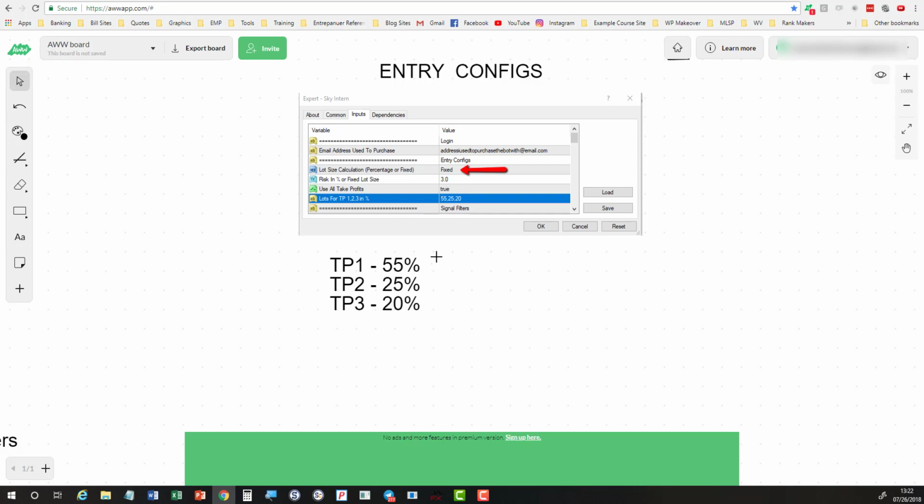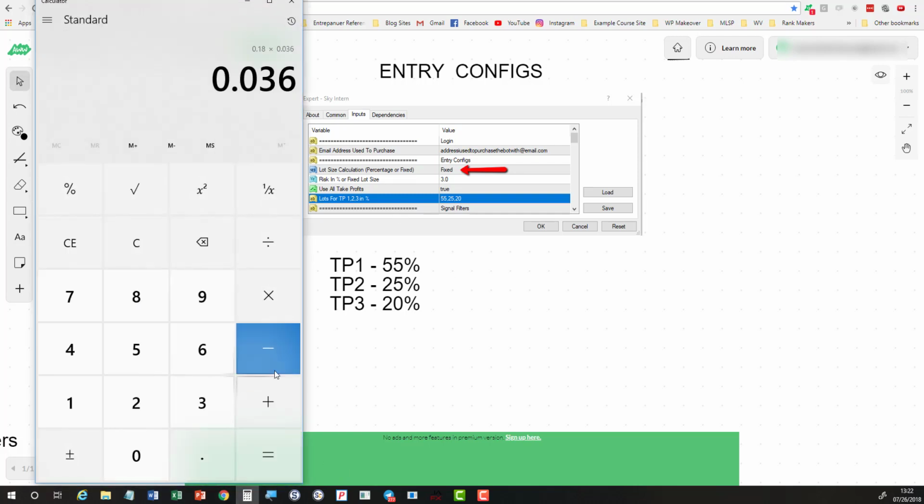Now, let's do the math on this one. It's going to be crazy. All right, so if we have a lot size of 3.0, that's 3 standard lots, and we multiply that by 55%, we're going to get a lot size of 1.65.